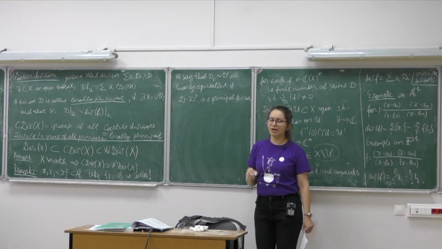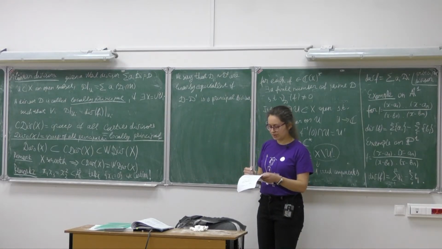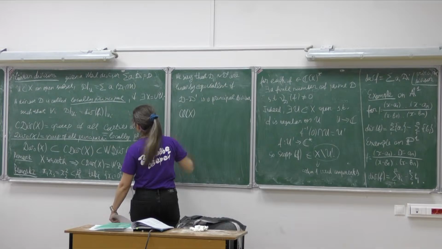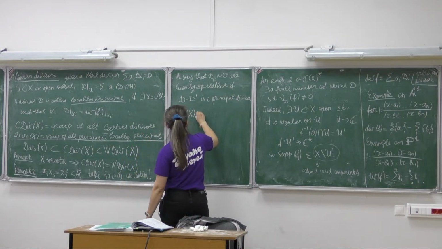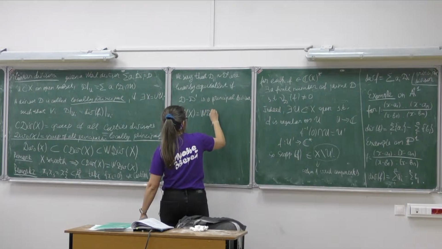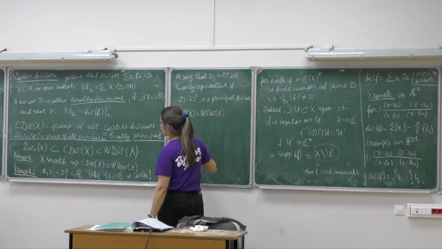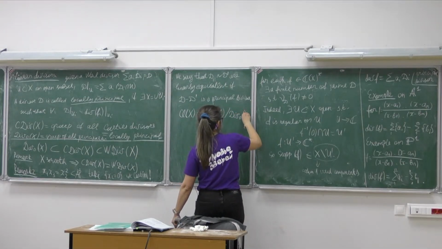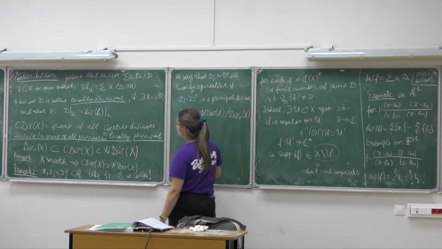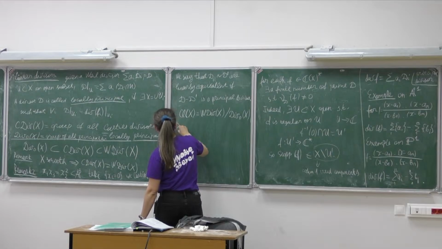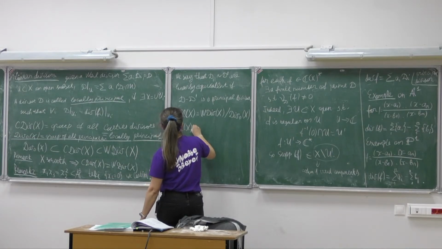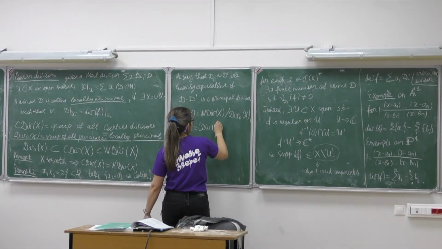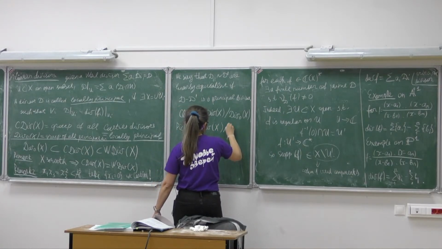And now we say that the class group of X is the quotient group of Weil divisors modulo the principal divisors. And the Picard group is the group of Cartier divisors modulo also the group of principal divisors.